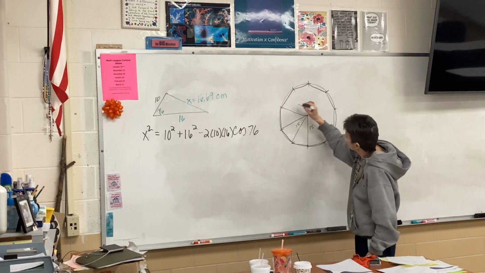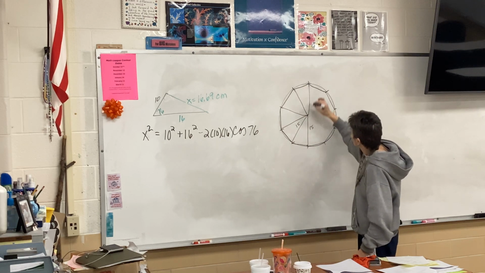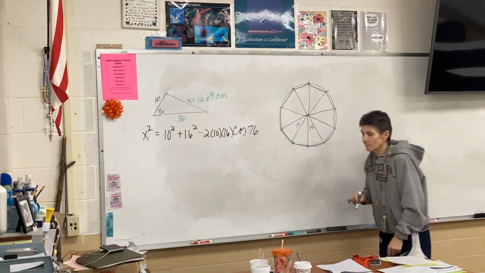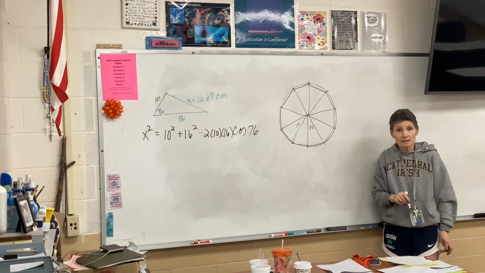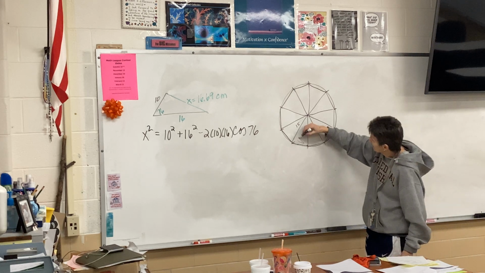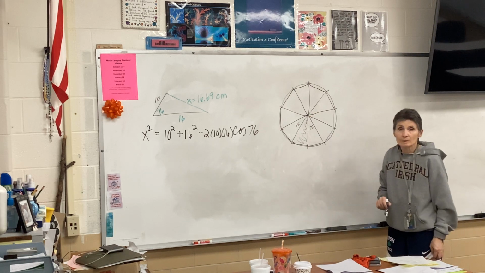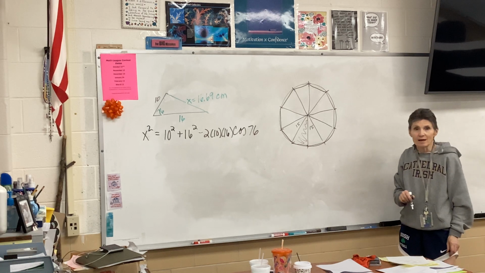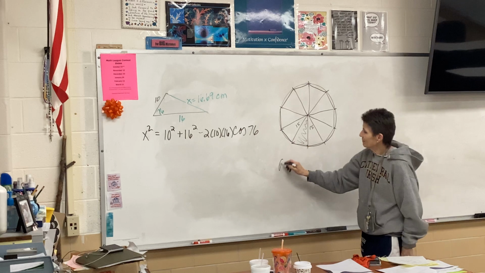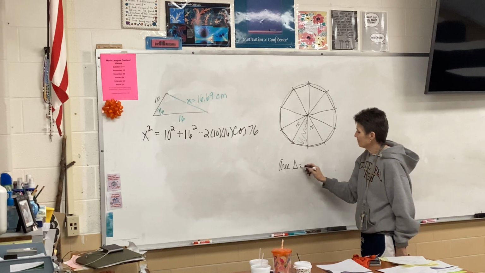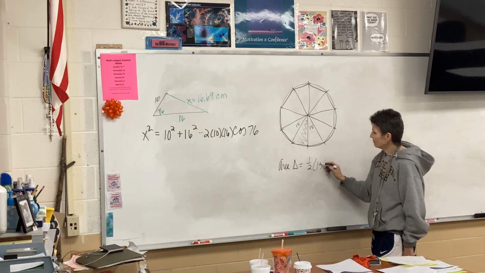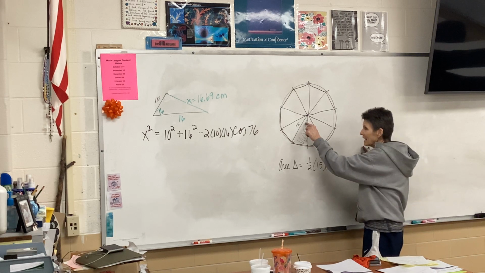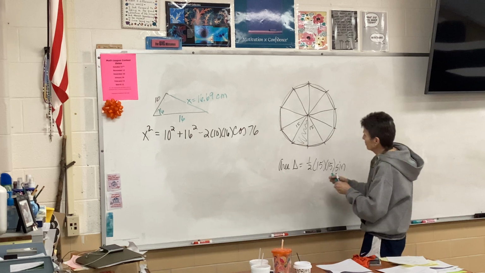Now, if I drew in all of my radii here, how many triangles am I going to get? 10. It's a decagon. I need to find the area of one of them, and then I will times it by 10 because it's a decagon. So how am I going to find the area of the triangle? Well, I'm going to do 1/2, 15, 15, sine that angle right there.